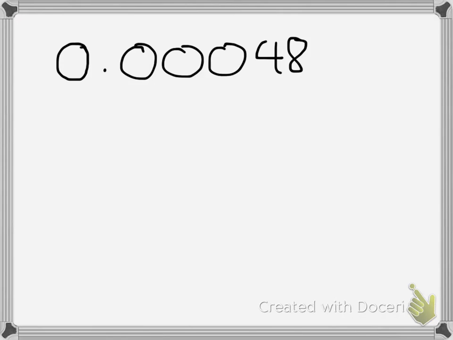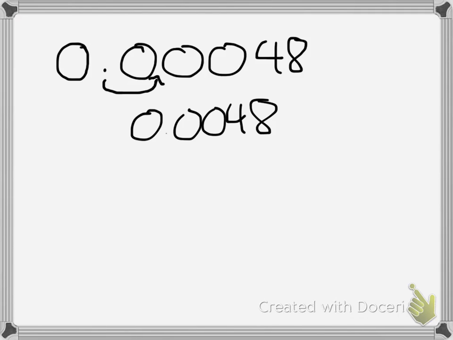So I'll move my decimal point over once. 0.0048. No, that's definitely not between 1 and 10. I'll move it over again. 0.048. No, still not good enough. So I've moved it twice. Move it 3 times. 0.48. Nope, that's not between 1 and 10.